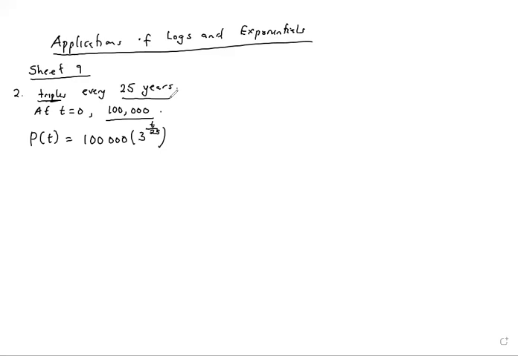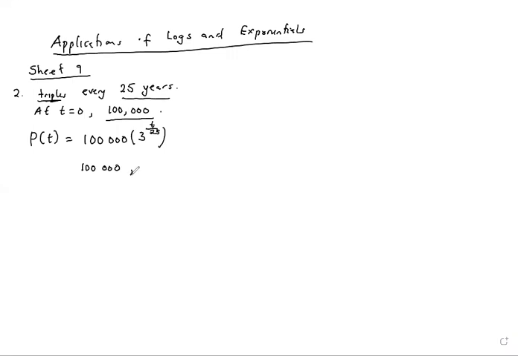Let's see if it makes sense. First it will be 100,000 at 0 years.